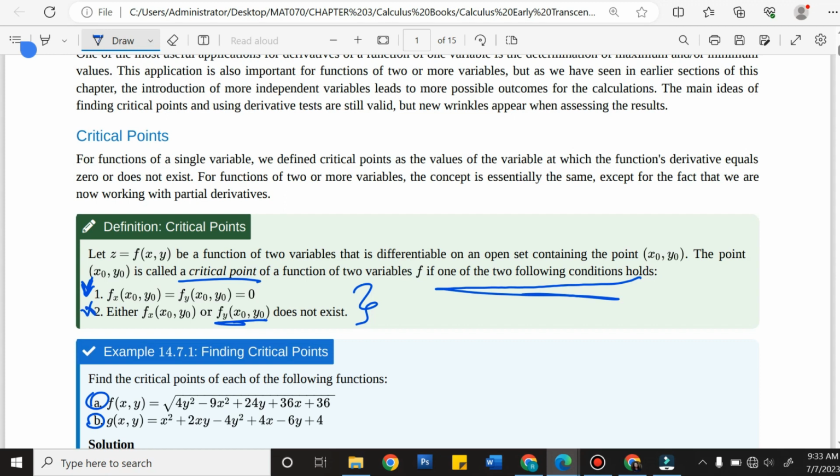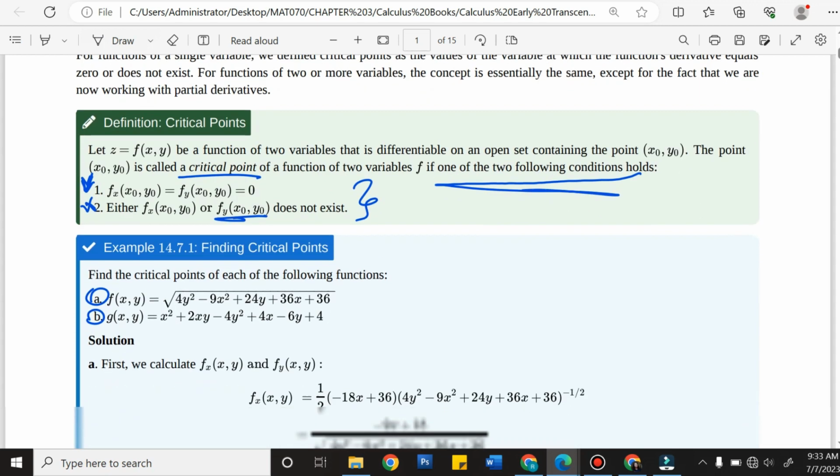We cannot use number 2. And if we cannot use number 1, dapat si number 2 ato ang gamiton. And si number 2 will only be used if naa kay value sa imong x and sa imong y where the critical points nimo does not exist.